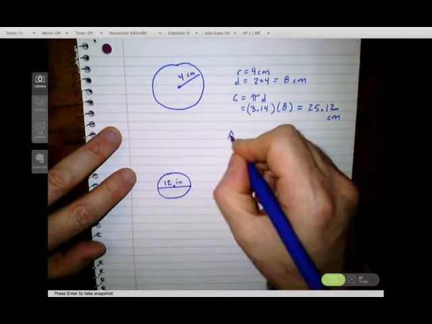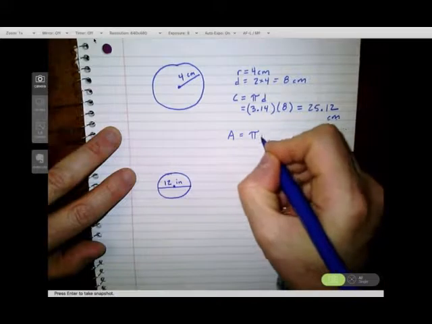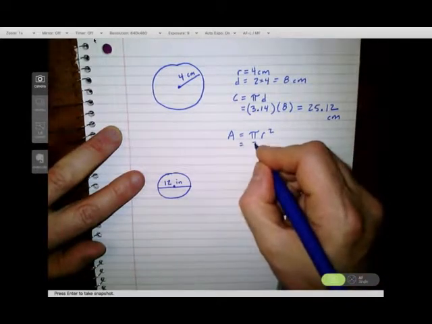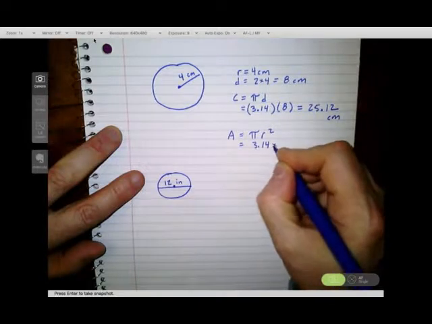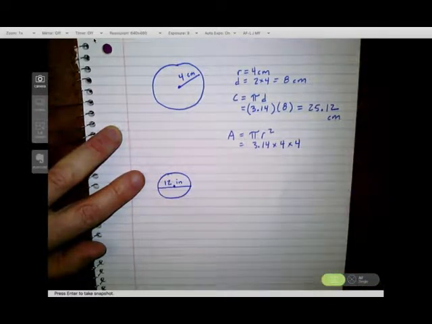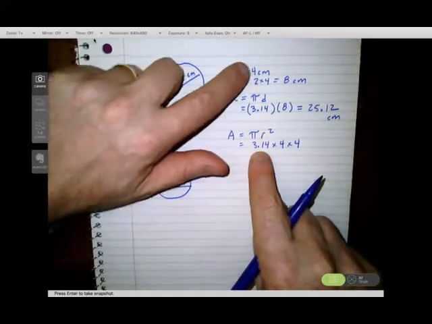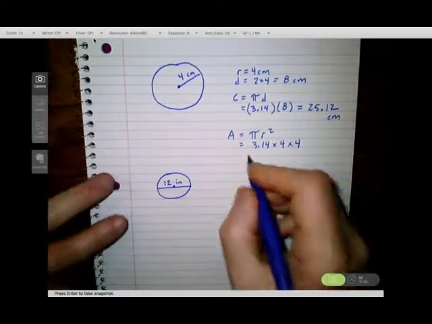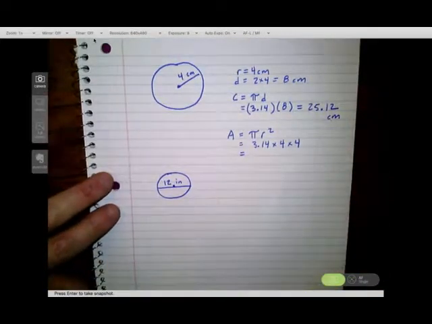Now the area, that's going to be pi r squared. So we're going to use the radius for that one. So that's going to be 3.14 times the radius times 4 times the radius again. So pi times the radius, where the radius is 4. Okay, let me work that out here on my calculator.